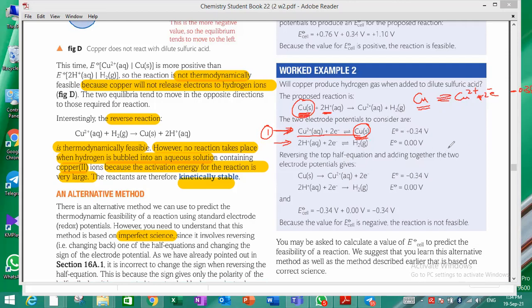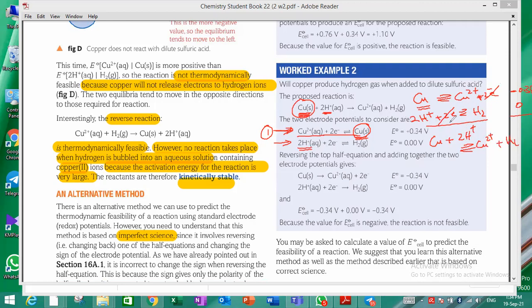Understand? Yes, miss. And then we want the hydrogen ion as a reactant, and it is present here as a product, so I'm going to place it here: 2H positive plus 2 electrons gives hydrogen gas, and the E naught is 0. So if I add these two equations, the electrons will cancel, and we have copper plus 2H positive gives copper ions plus hydrogen gas.